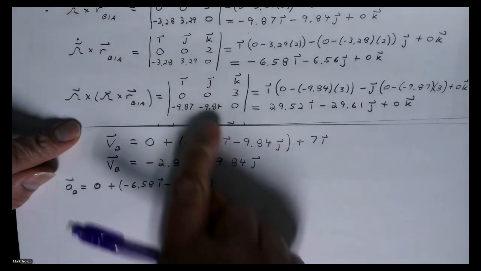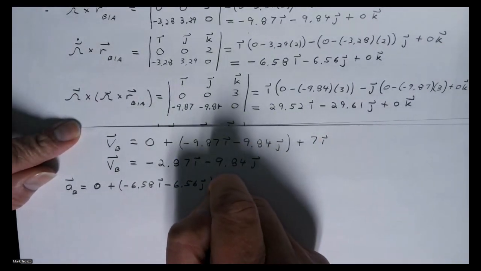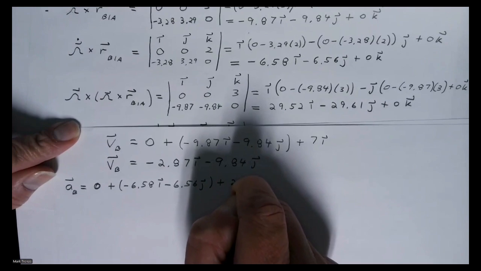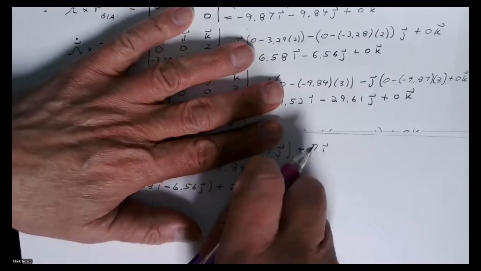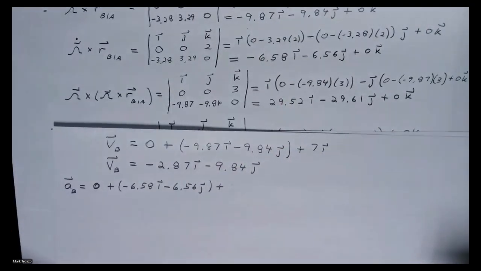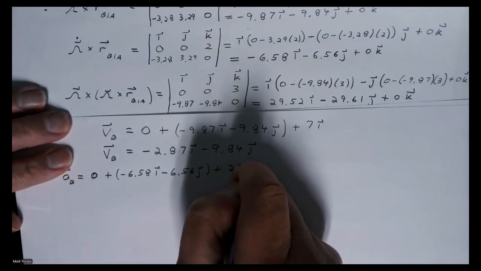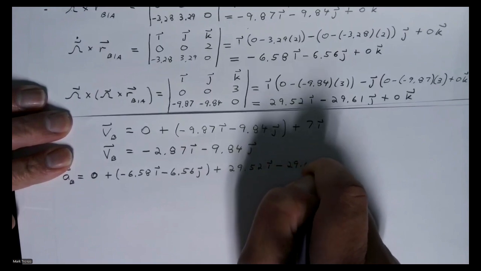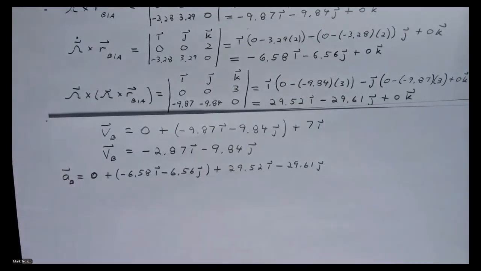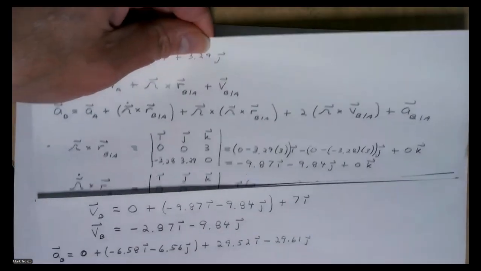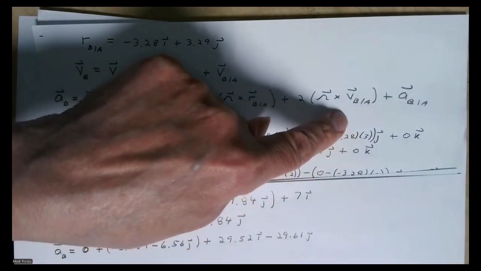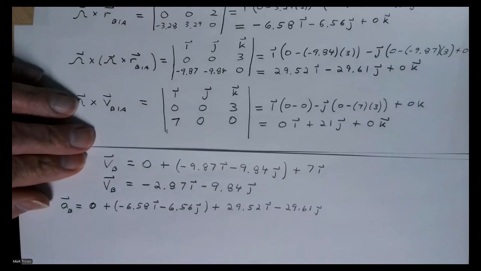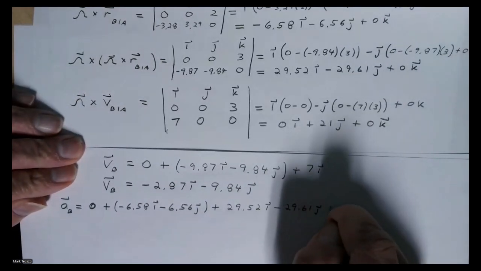And that was this right here, 29.52I minus 29.61J. And so that was this one. Next, we need this one here. It only has a J component.